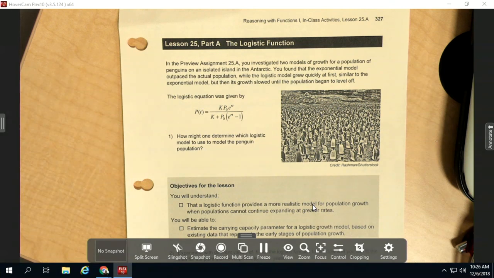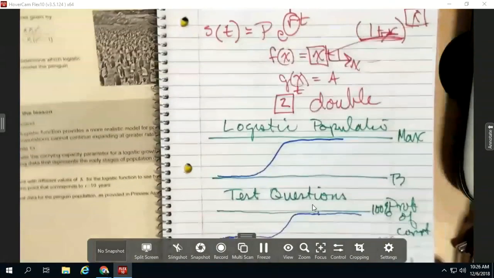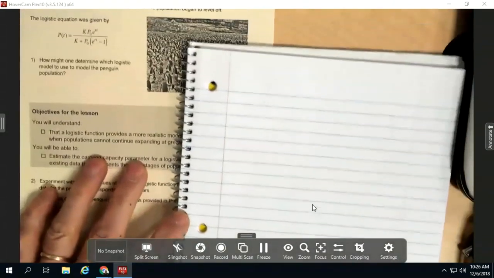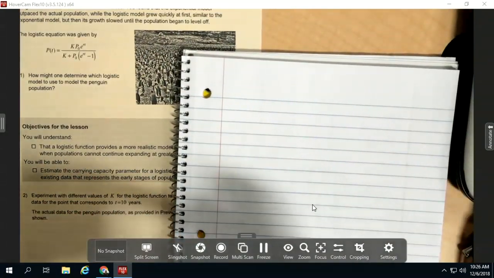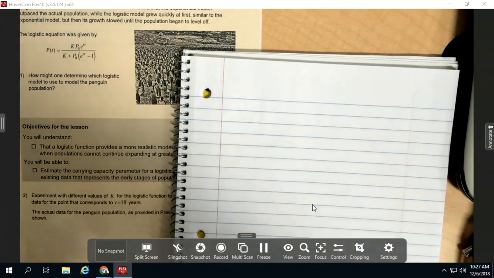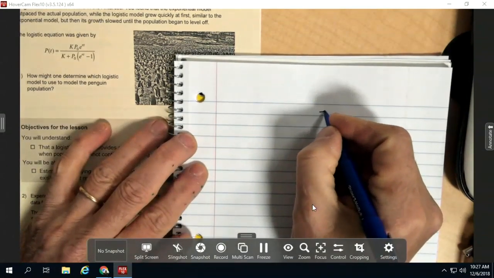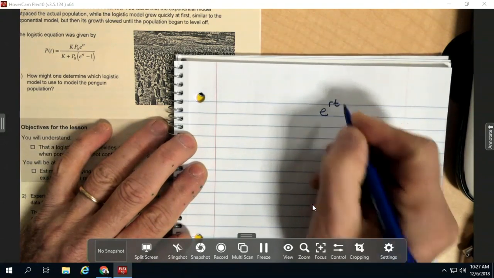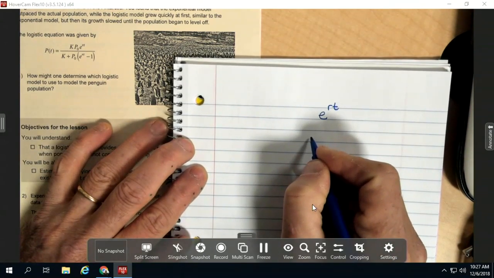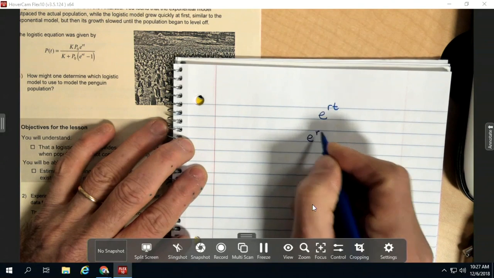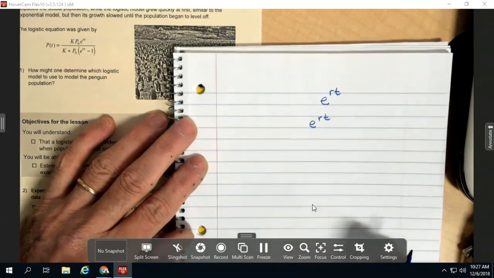Well, in our notes, we need to capitalize on some parts of this equation that are very, very helpful. One of the things that you need to see is you have e to the RT in the numerator, and you have e to the RT in the denominator.